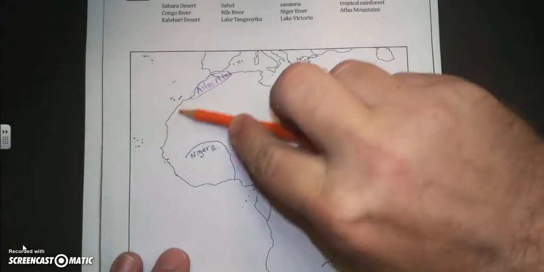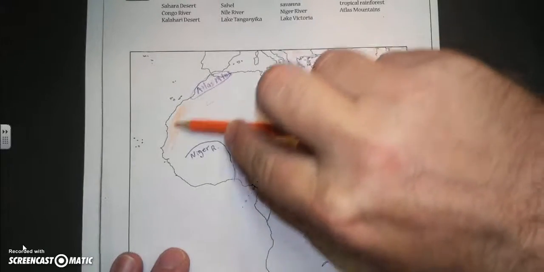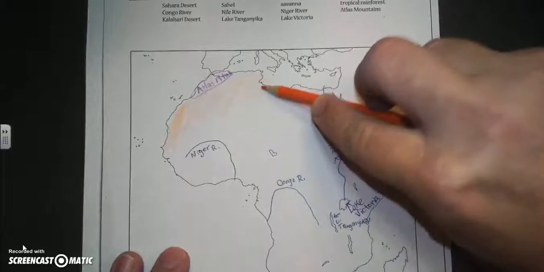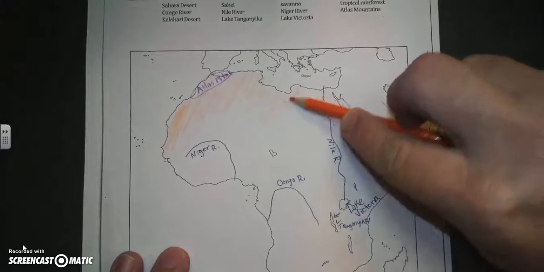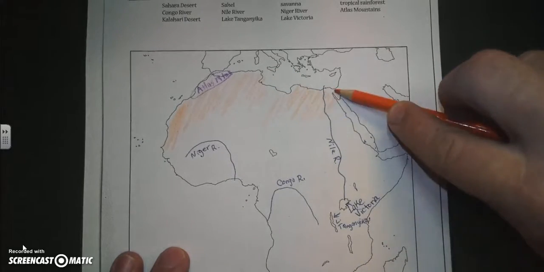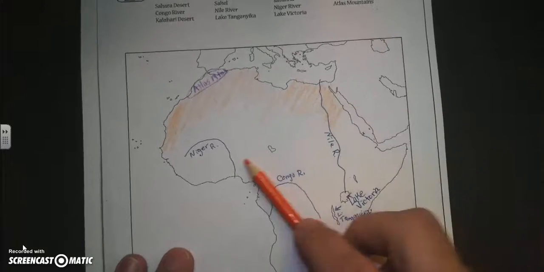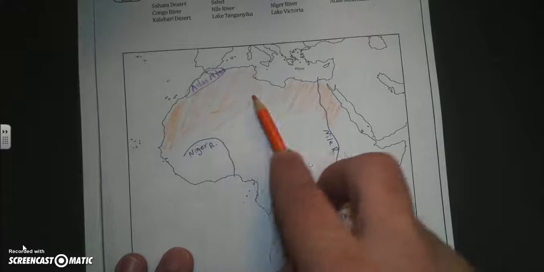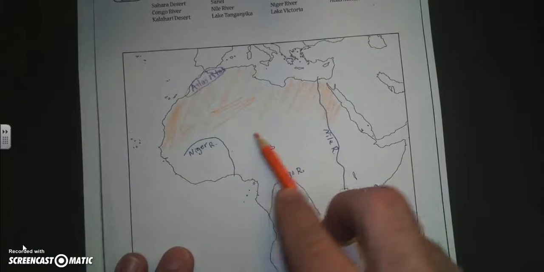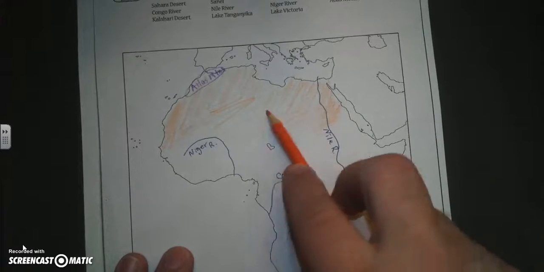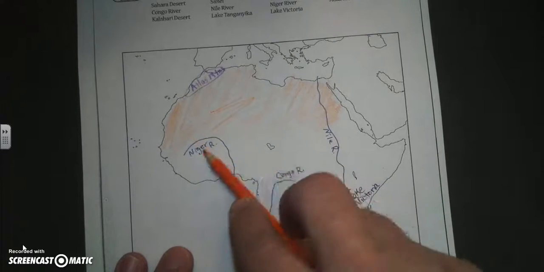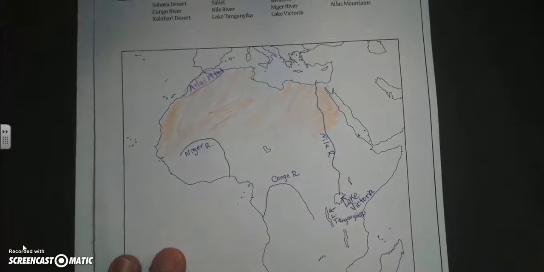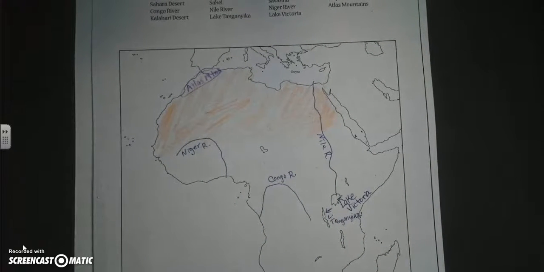Now, for the most part of the rest of northern Africa, we're going to color in where we find the largest desert in the world. Really the largest hot desert in the world. And that, of course, is the Sahara. Okay? So about in this area, where all of this orange is the Sahara.